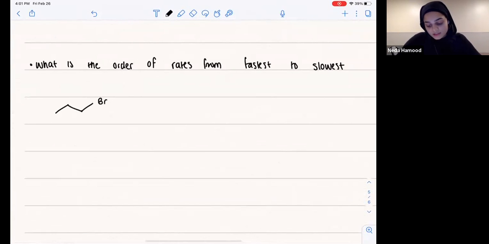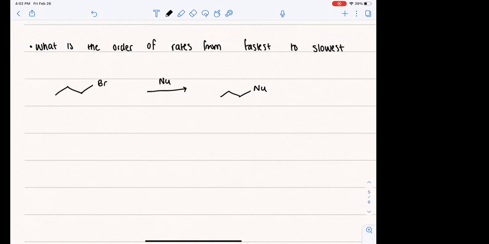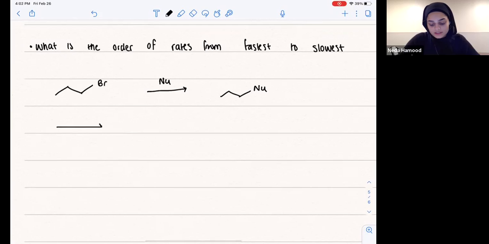So we have bromine and a nucleophile. What kind of reaction is this, elimination or substitution? Substitution. Yep, this is going to be a substitution reaction. And then these are our options.